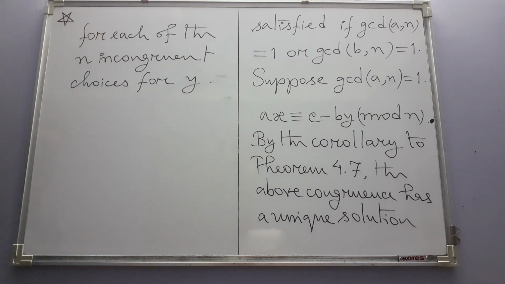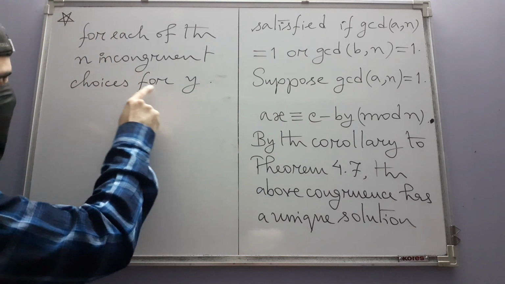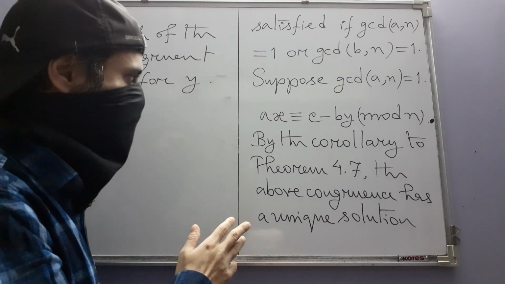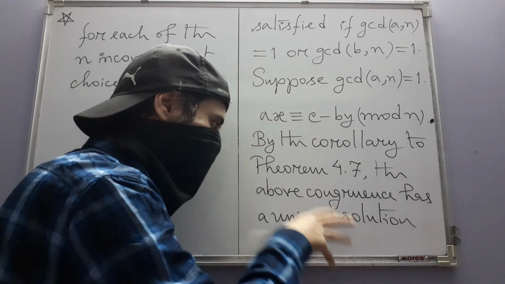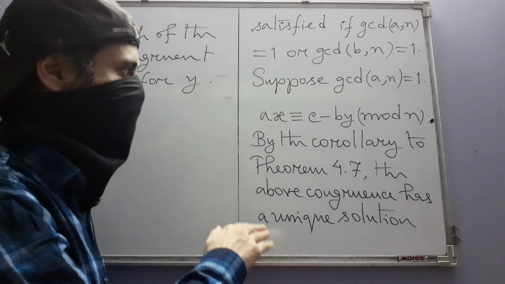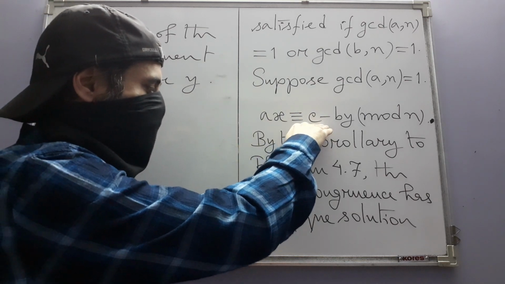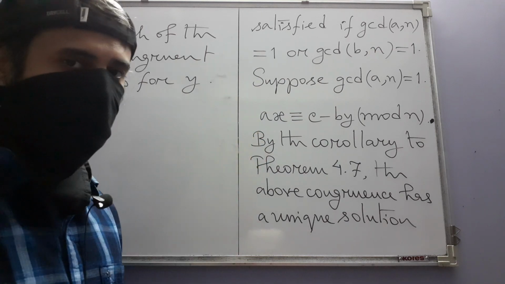And that is why we say that for the n incongruent choices for y, for each such choice, you will get one congruence, and that congruence is going to have a unique solution modulo n. That means you are actually going to have n solutions depending on the values of y.